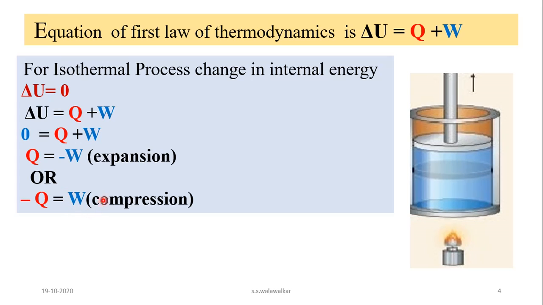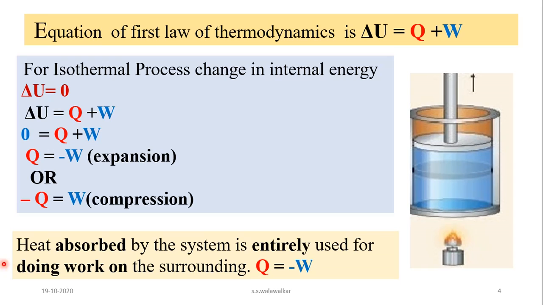Now you have studied the sign convention, so when the sign of work done is positive, which type of work is it? Compression type of work. And if compression takes place, then heat is released by the system.